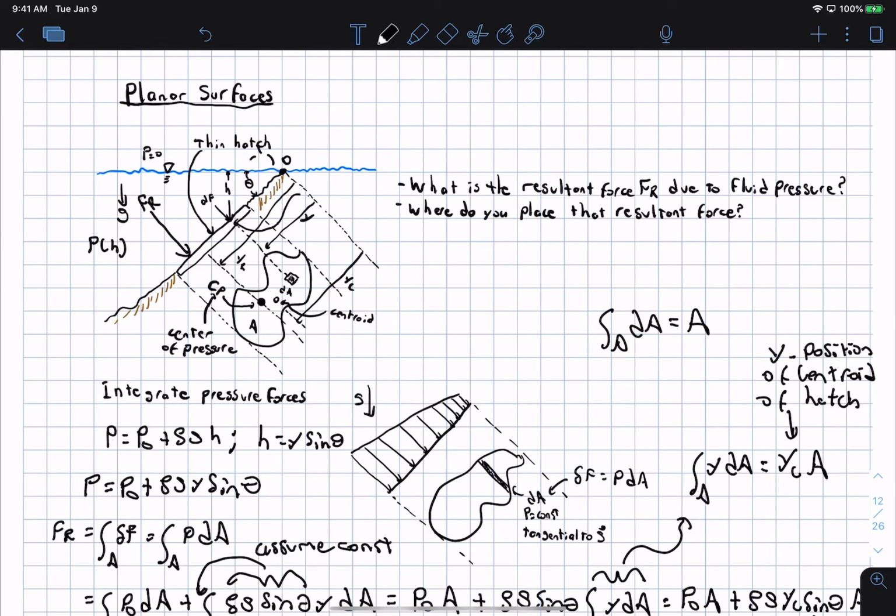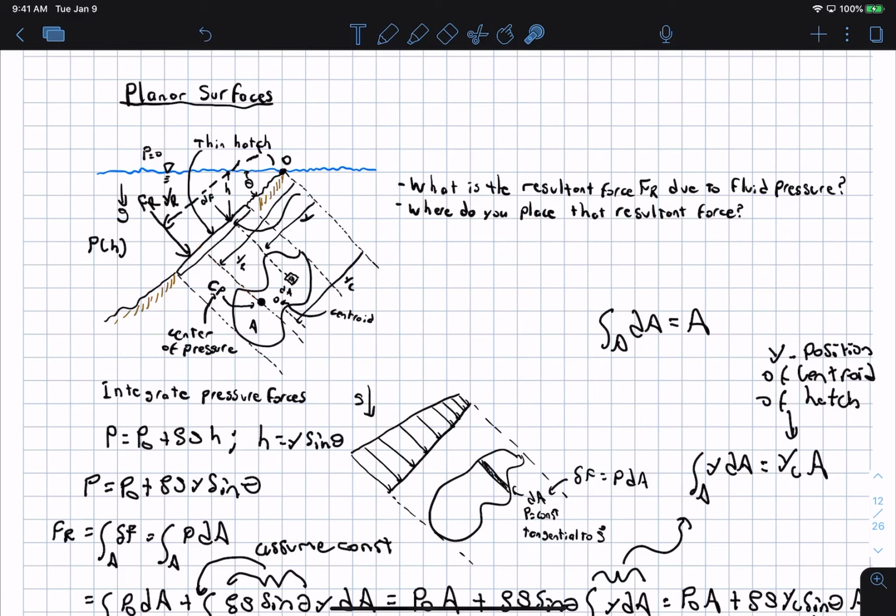and that's at some distance YR, which is the center of pressure. The center of pressure is always deeper into the water than the centroid of the object.